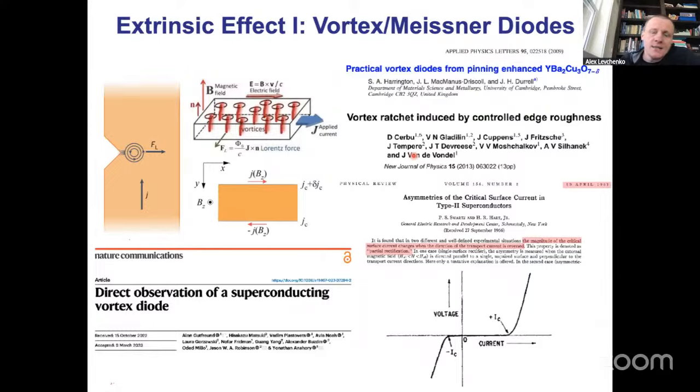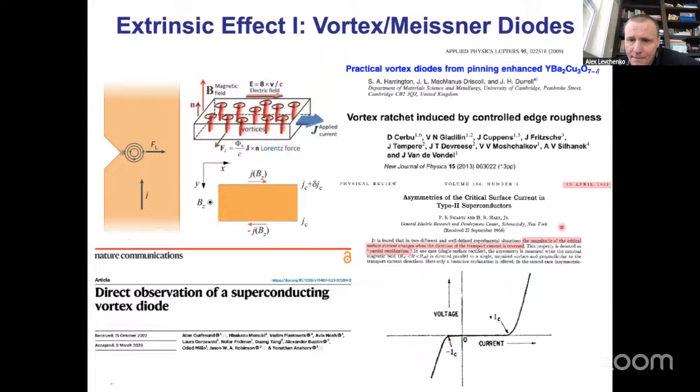One extrinsic effect that generates diodes is actually from vortices. I found this work by Stewart and Hart from 1966, measurement of IV curves of superconductors in high field. And as you can see, their current-voltage characteristic is diodic, meaning that the critical current in the negative direction is not the same as the critical current in the upper direction.